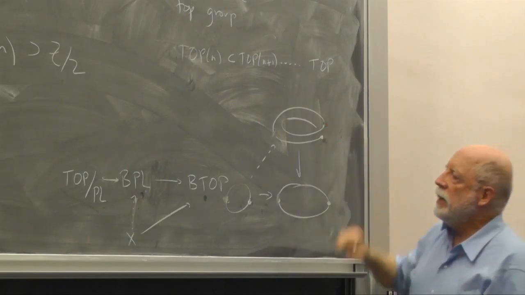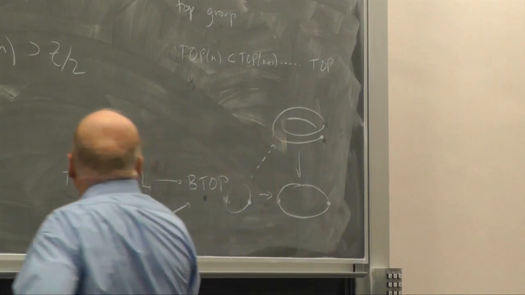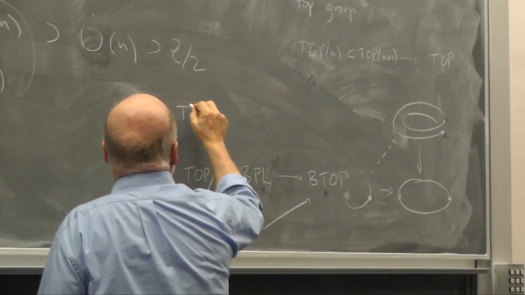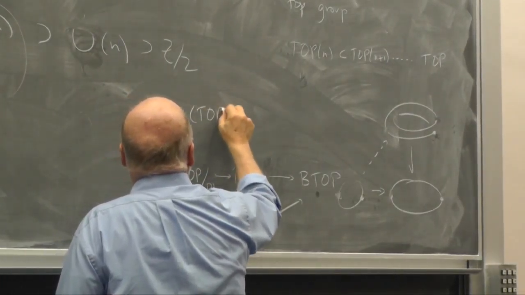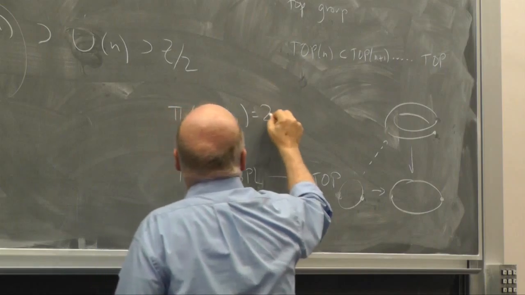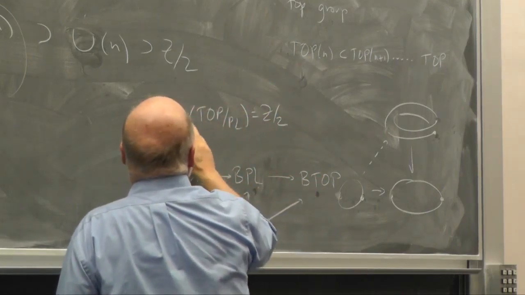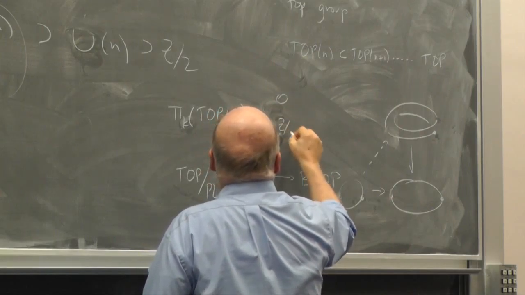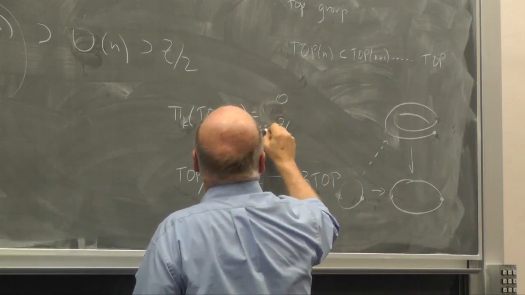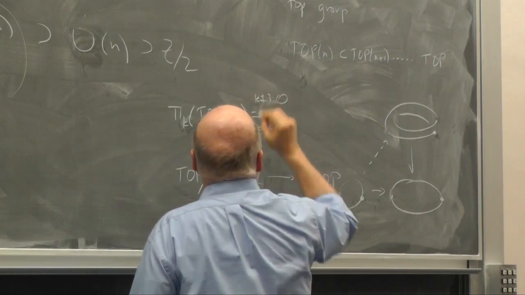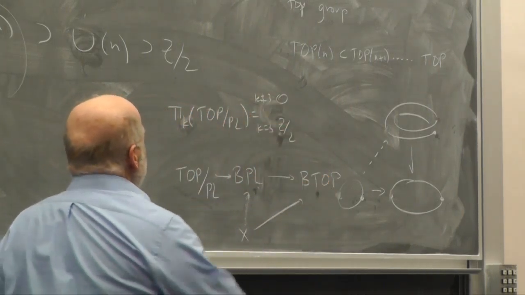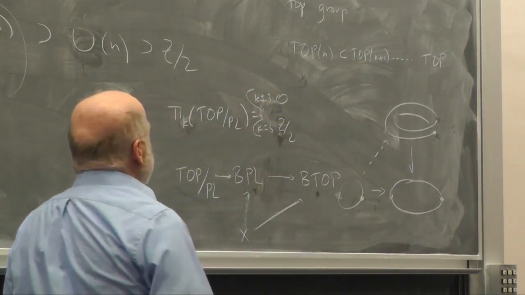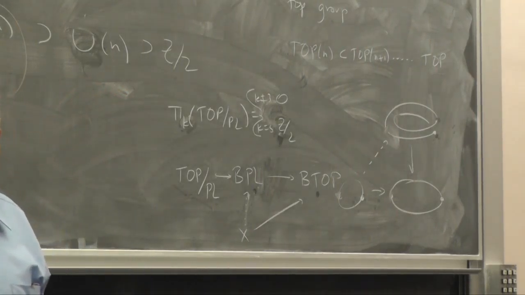Well, so what's going to happen is that we're going to see that pi k of Top/PL is Z2 or 0: Z2 for k equals 3, and 0 for k not equal to 3. So there's just one case in which that homotopy group is non-zero.